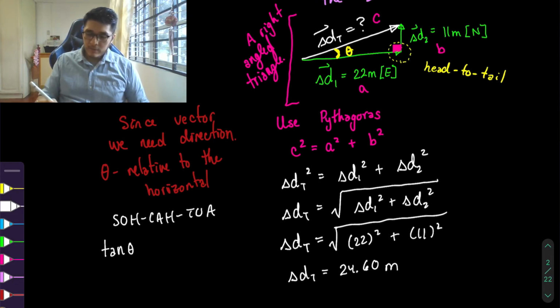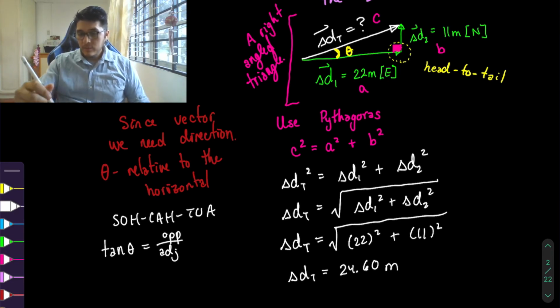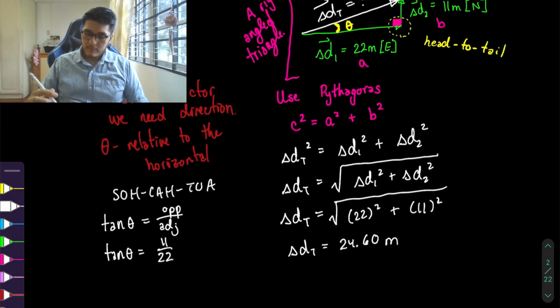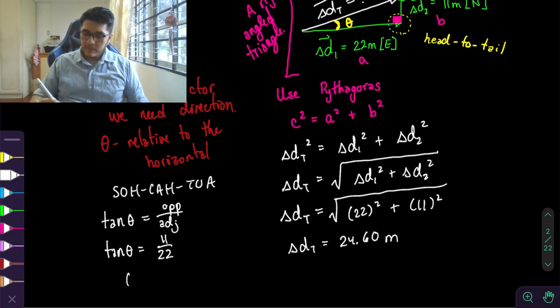Tan theta is opposite over adjacent. So by looking at the angle theta, the opposite side is 11 meters and the adjacent side is 22. So let's take the tan inverse.